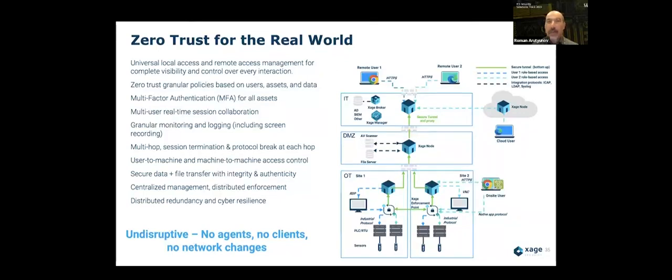With Zage, you're able to see which specific identity was interacting with which assets, when, and what they were doing. That information is then bubbled up to the Zage manager through the fabric, and can be exported. We integrate with various SIEMs as well.